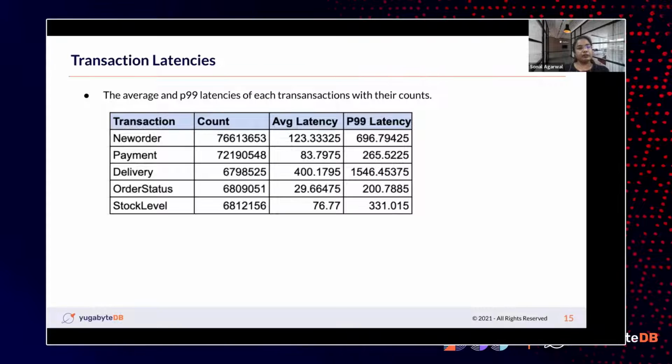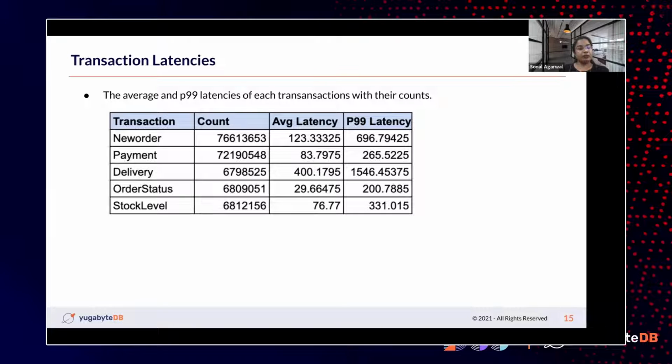So these are the transaction latencies that we have: the average latency, P90 latency, P99 latency, and the count of transactions executed throughout the run. For new order, we had 766 million transactions with an average latency of 123 milliseconds and a P99 latency of 696 milliseconds.